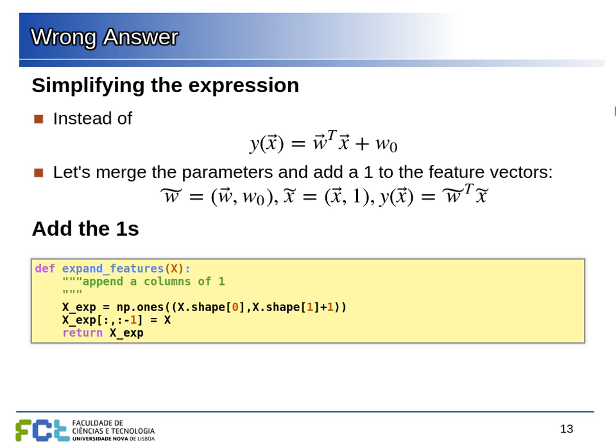So we can do this like this. We create a new expanded matrix with the original number of rows, 1 additional column, and then create this matrix filled with 1. So this ones function returns a matrix filled with 1. And then we just copy the original matrix to everything except the last column. And now the final parameter for our model will be at the end.